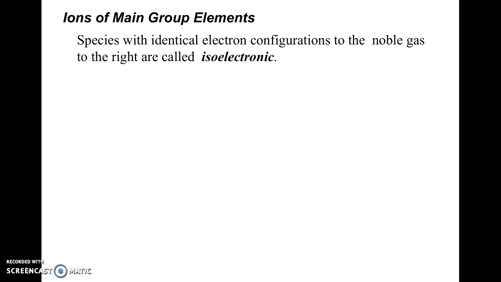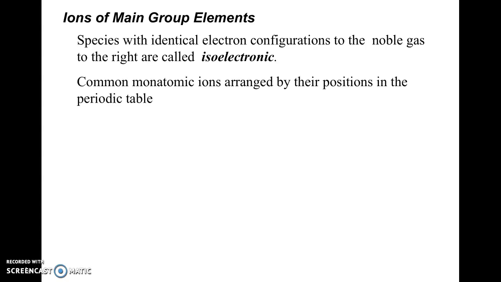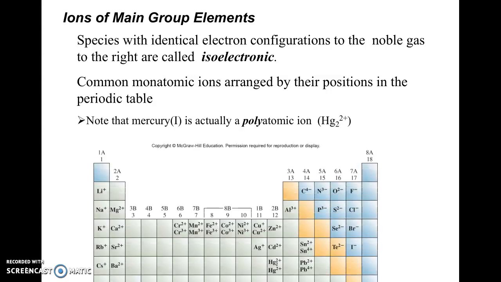It's a new term. Isoelectronic means the electron configuration for the ion is exactly that of a noble gas. So we're going to look at some common monoatomic ions according to their position on the periodic table.